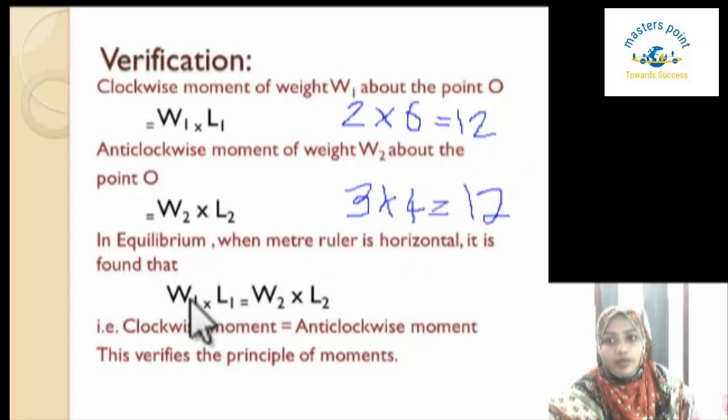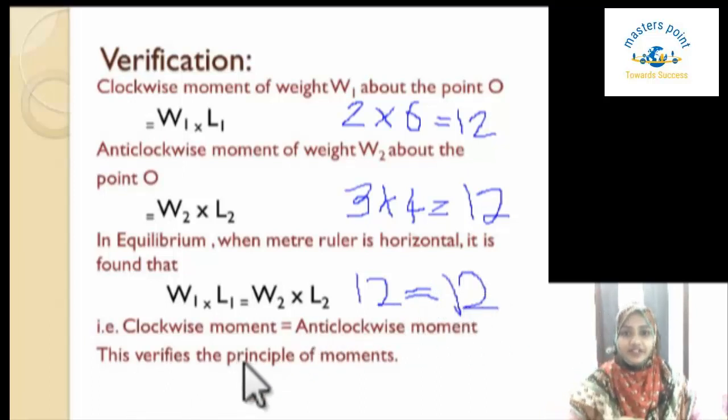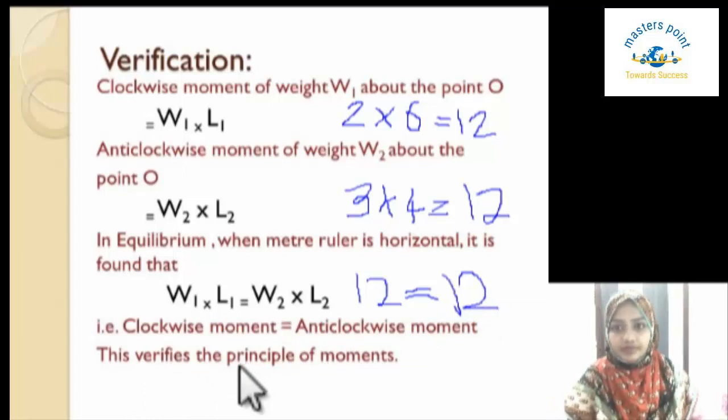The anti-clockwise moment value here is 12, and if I compare the two equations, it is equal to 12. So hence the verification is proved. It's so simple and easy.